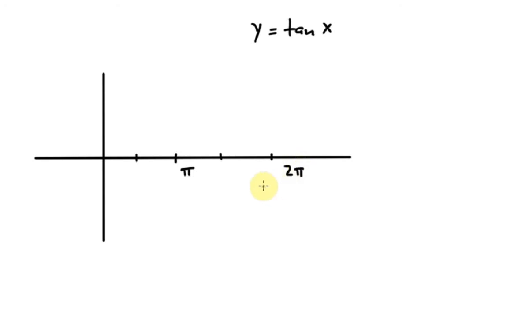Okay, now tangent doesn't have a maximum and minimum. If you plugged it in, you would see all these values, but as you approach pi by 2, well, it starts at 0. Let me just say it starts at 0. And as you approach pi by 2, the graph numbers just keep getting bigger and bigger.